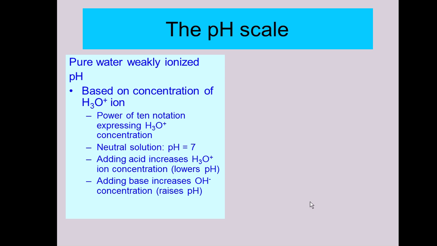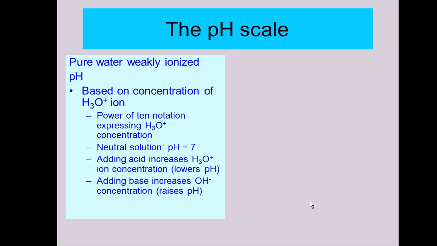Now there is a mathematical formula to find the pH. pH is the negative log of the hydrogen ion concentration. So if we have to find the pH of any substance or any solution, we need to know the hydrogen ions in that, and then we can take the negative log of those concentrations.